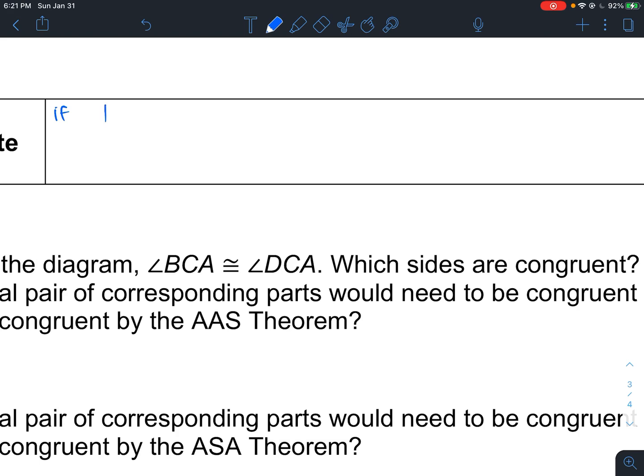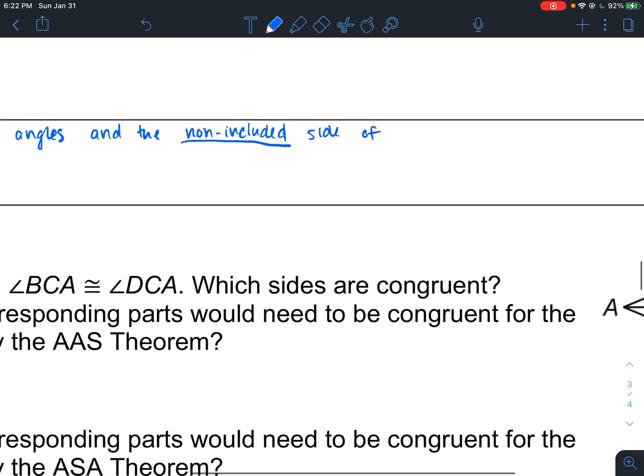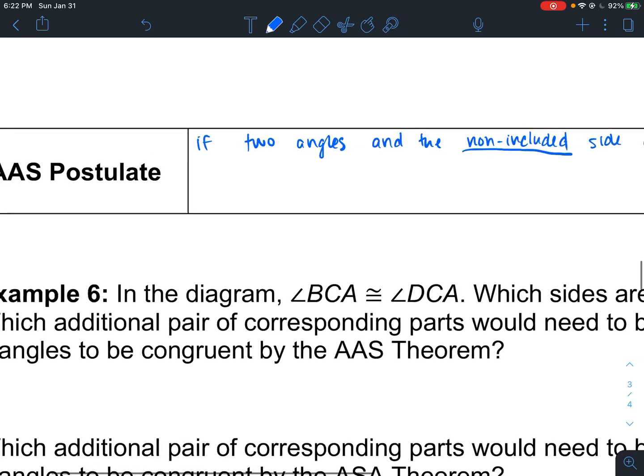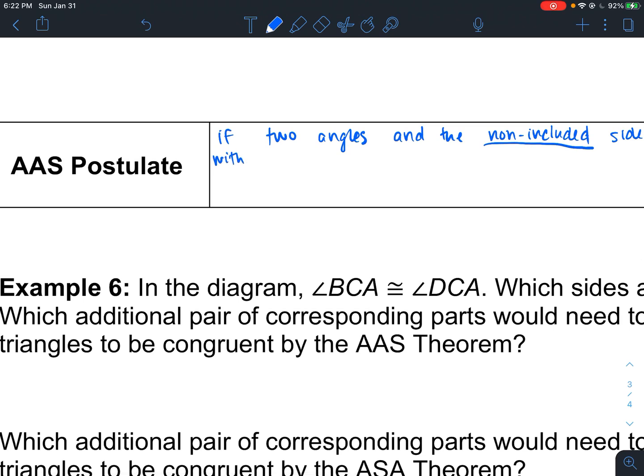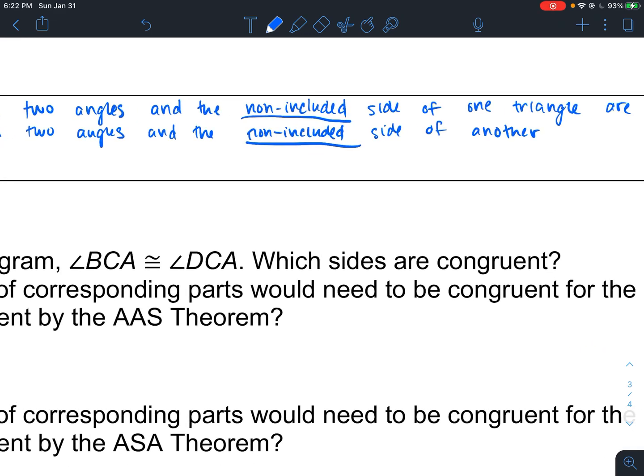So if two angles and the non-included side of one triangle are congruent with two angles and the non-included side of another, then the two are congruent.